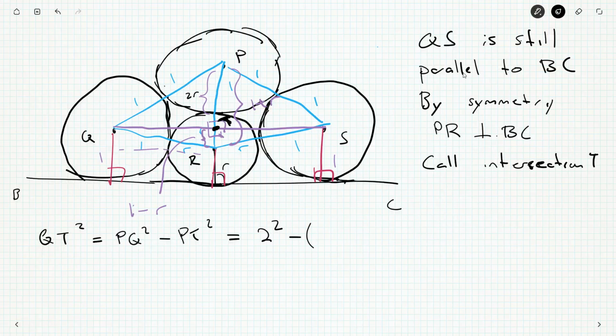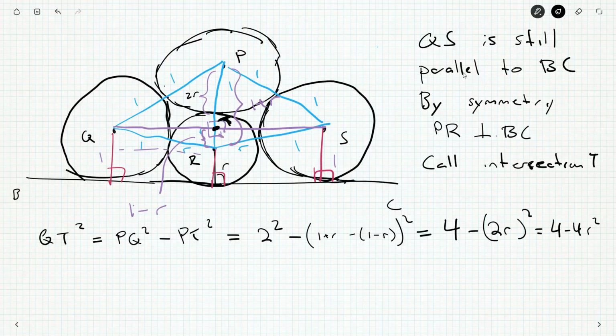Right? 1 plus r minus 1 minus r. The 1s will cancel out. So this will be 4 minus 2r squared. So I don't know what that is, but it's 4 minus 4r squared.